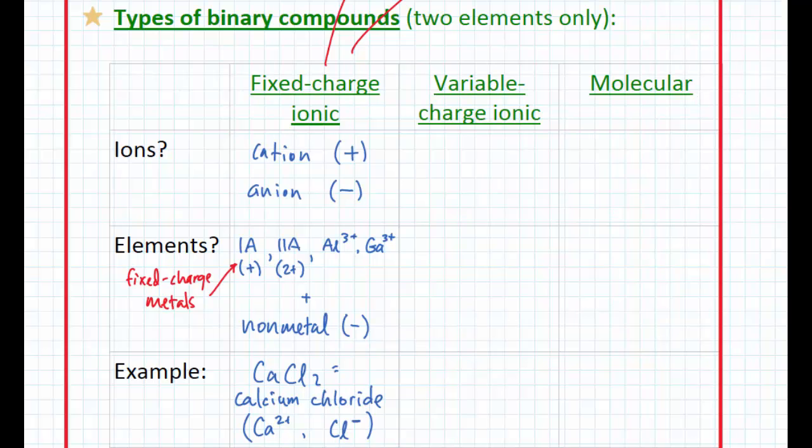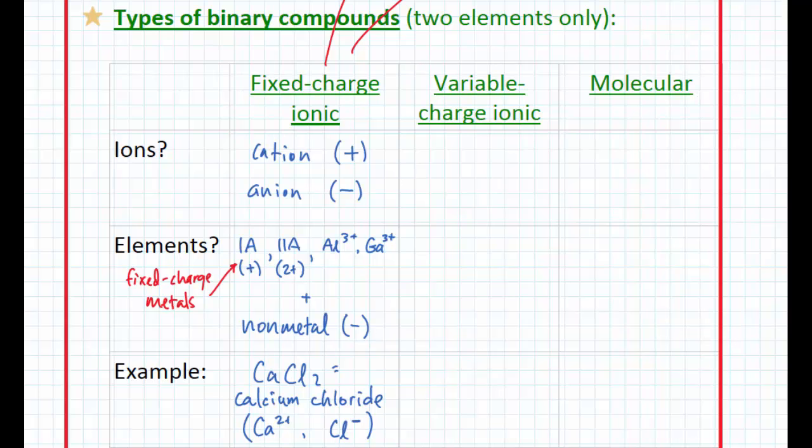Okay? And same thing with the nonmetals. Those are all negative charges because we're gaining electrons in order to be stable like a noble gas. So minus, 2 minus, 3 minus, going over like that. Okay? So calcium chloride, CaCl2, has that formula because calcium is a 2 plus charge, chloride is minus.